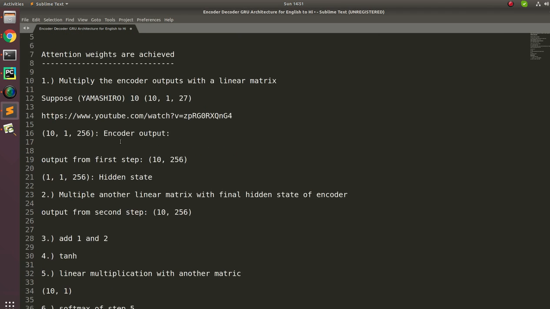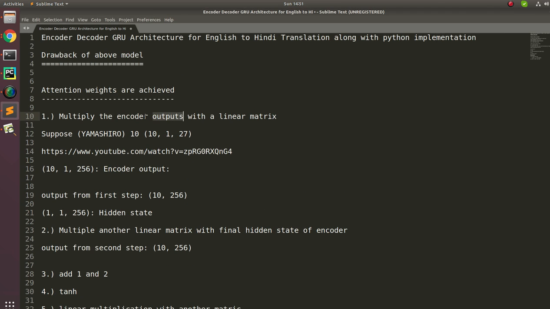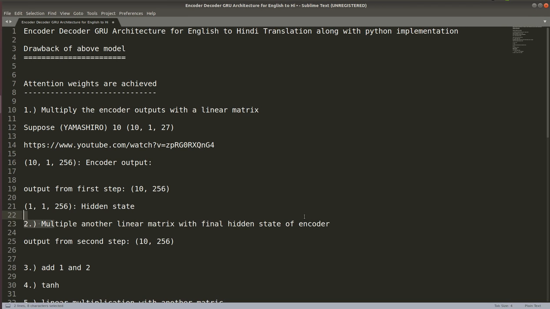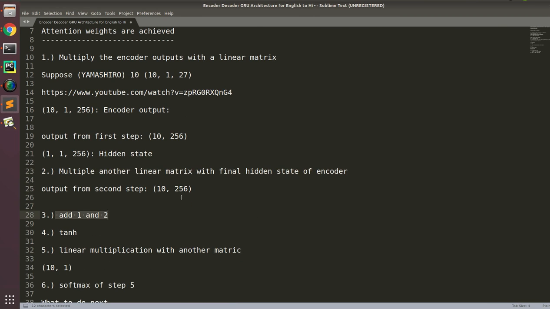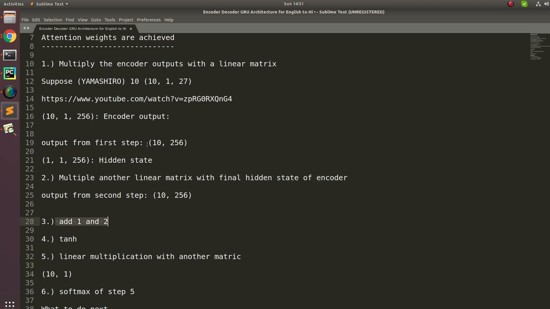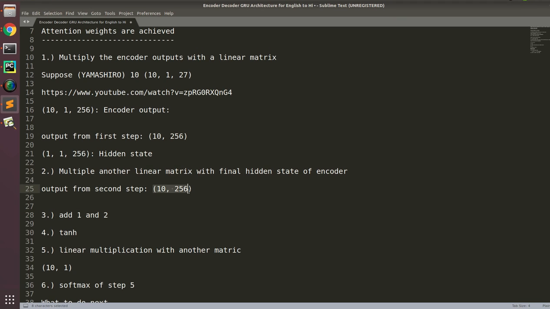Then we saw how we calculated the alphas. We first multiplied the encoder outputs with a linear matrix, and multiplied another linear matrix with the final state of the encoder. Then we added 1 and 2, provided we get the same shape from step 1. If you are not getting the same shape, try to make the shape the same.